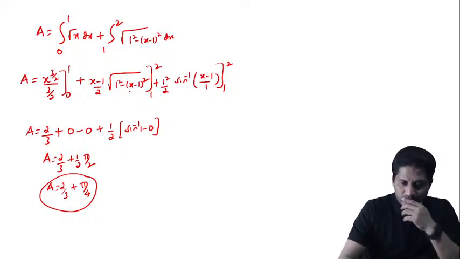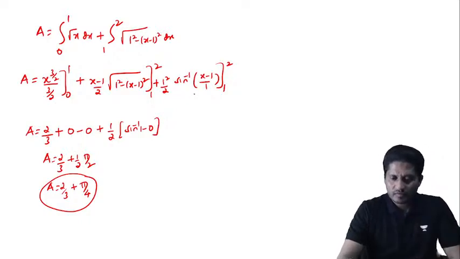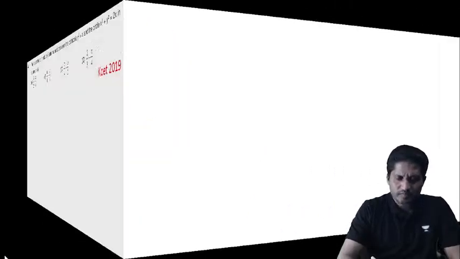You substitute 2 minus 1 is 1, 1 minus 1 is 0. Again 1 minus 1 is 0. Plus 1 by 2 sin inverse of 2 minus 1 is 1. Sin inverse of 1 is pi by 2. 2 by 3 plus pi by 4.